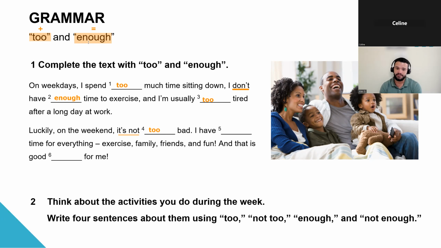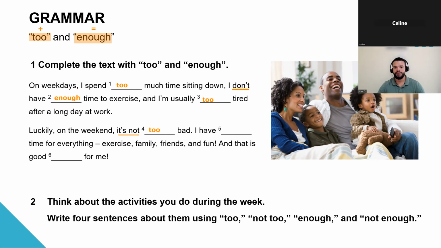I don't have enough free time, no tengo suficiente tiempo libre. So, suficiente y demasiado, okay? All right, so try to think of it like that, like enough is just suficiente, and then too exaggerated, but usually something negative, okay?